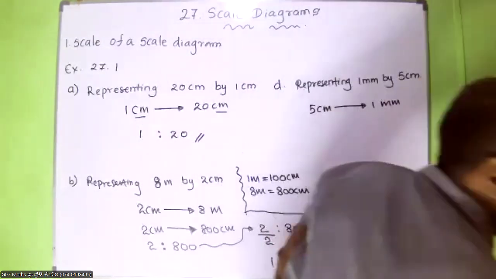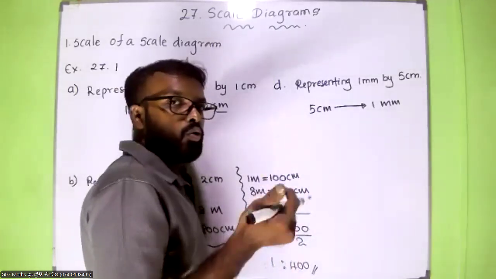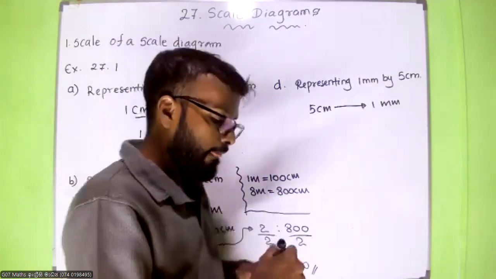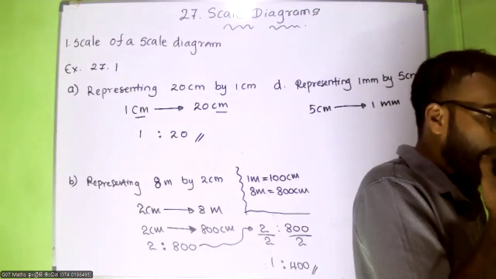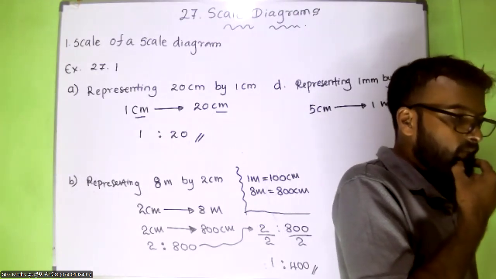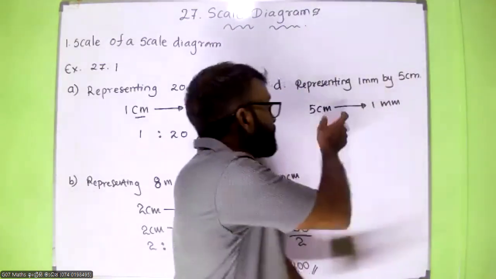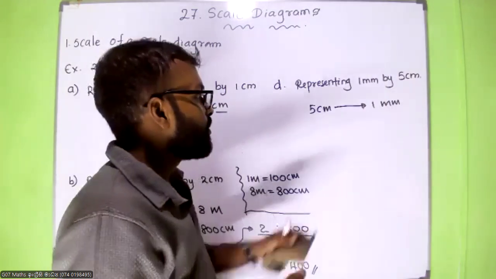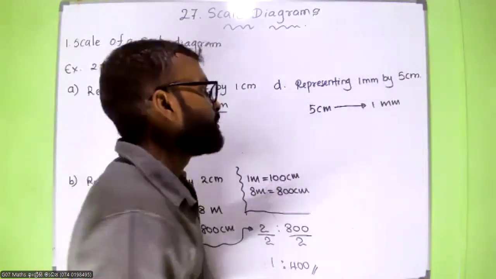Now, which is the small unit, centimeter or millimeter? Millimeter. So here you have centimeter, convert it into the small unit, millimeter.